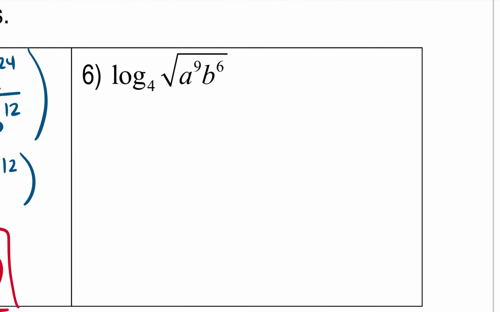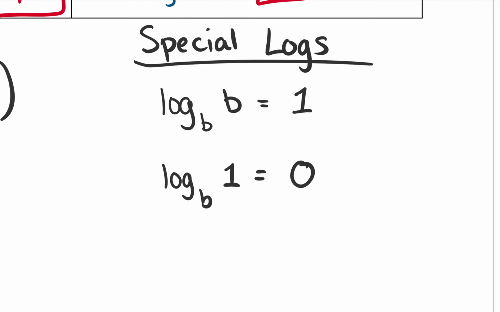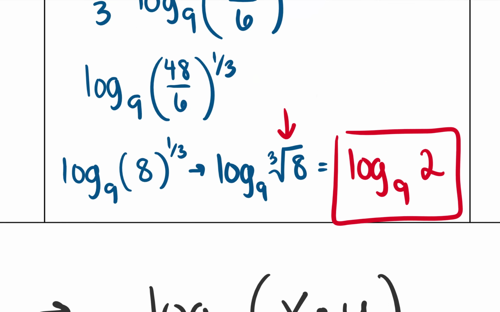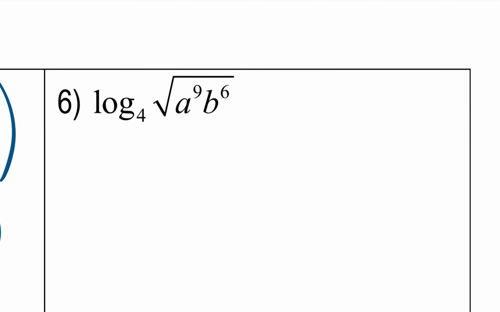Alright, this one, I put this one on here on purpose because just like the one above where we had the cube root. Notice the cube root, and it was a fraction exponent before. So now we're doing that on this one. I have a square root. Okay, square roots are fraction exponents.